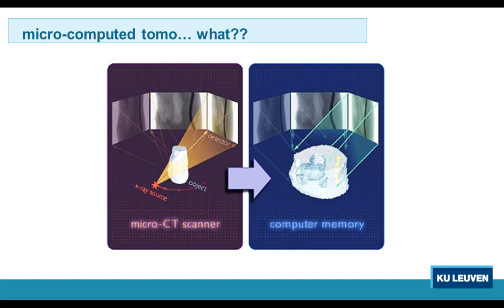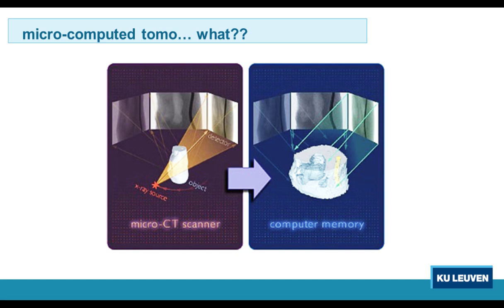And if the X-ray source and the detector turn around the object, then after the imaging has been done, the computer will compute a three-dimensional image out of all these projection images. So that's where the name computed tomography comes from.